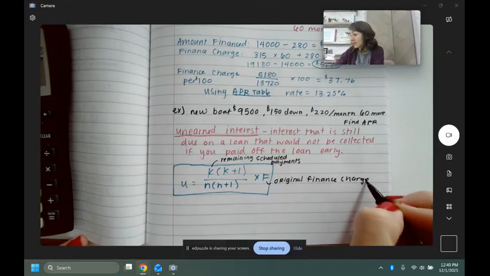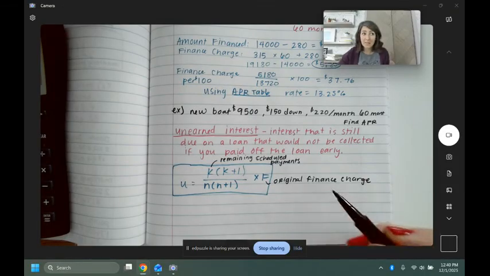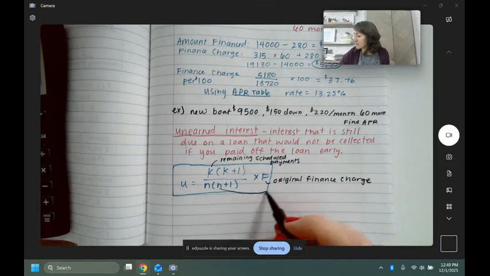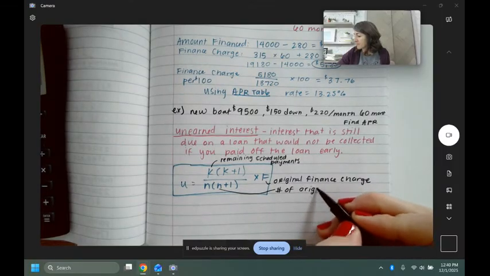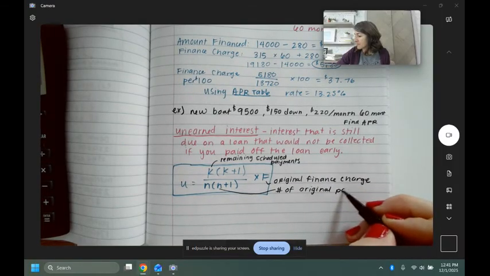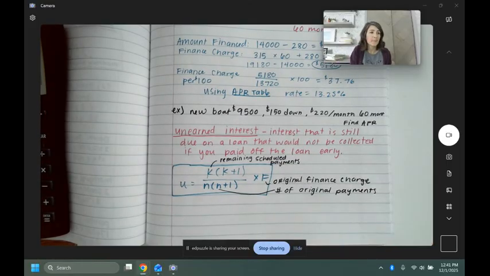So with the loan and the finance, how much is it going to cost total? And N is the number of original payments. And the payoff amount is just how much you have to pay right now to finish paying off the loan.